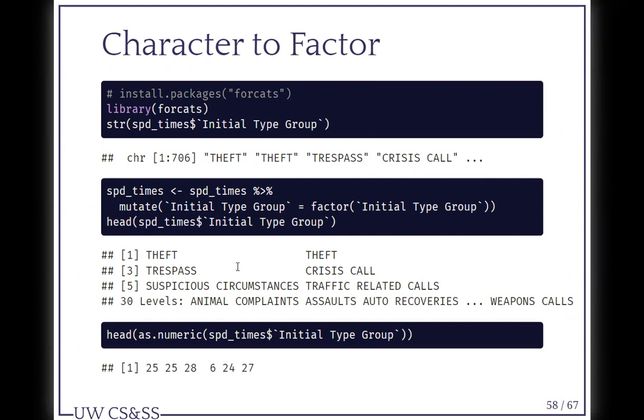What we'll see is that now there are 30 levels and that they are in fact in alphabetical order. And that this is mostly nonsensical to us. If we look at them as a numeric, we can find their underlying numeric values. So theft is 25, trespassing is 28, crisis call is 6. And these are probably not how we want to deal with these data.